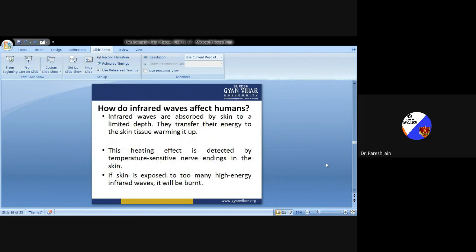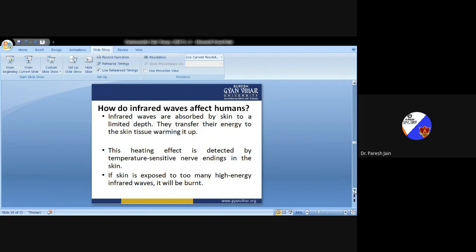How do infrared waves affect the human body? Infrared waves are absorbed by the skin to a limited depth.